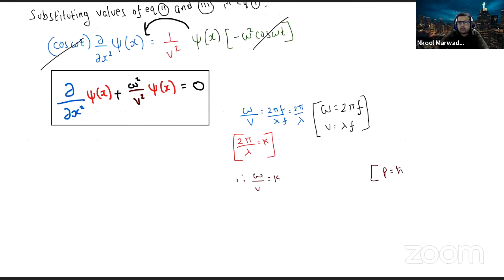It implies that k is equal to momentum by h cross, so omega by v is equal to momentum by h cross. We are trying to bring momentum and h cross into this equation to make it interesting and useful.